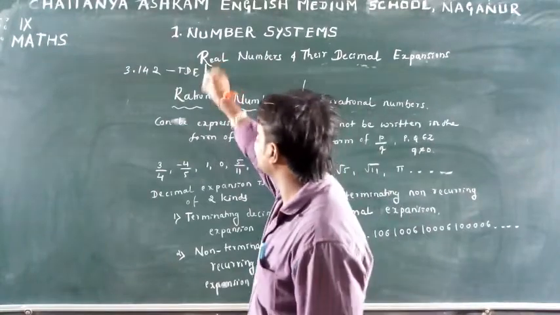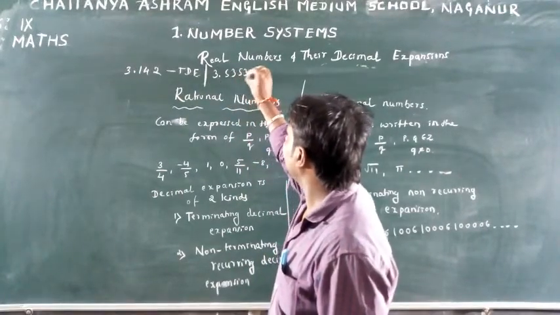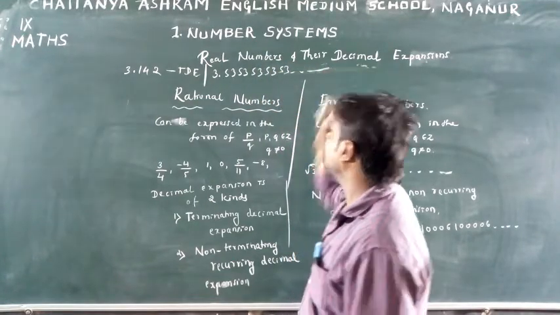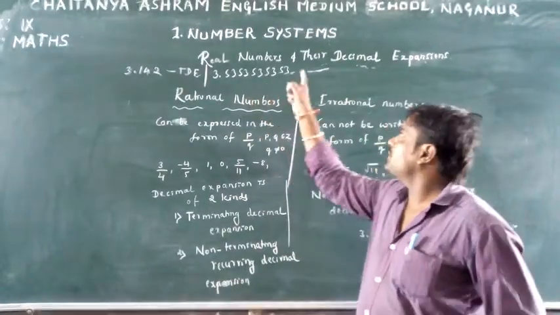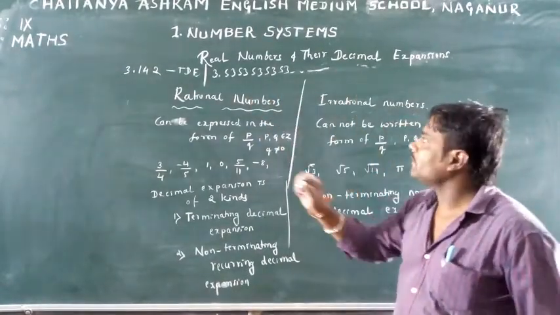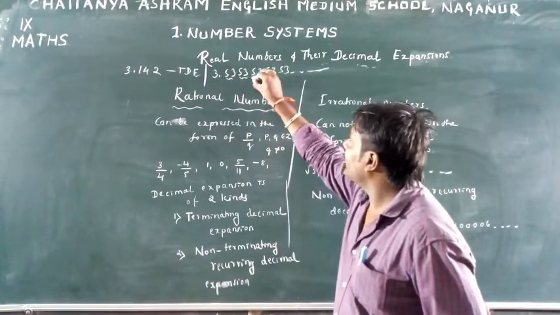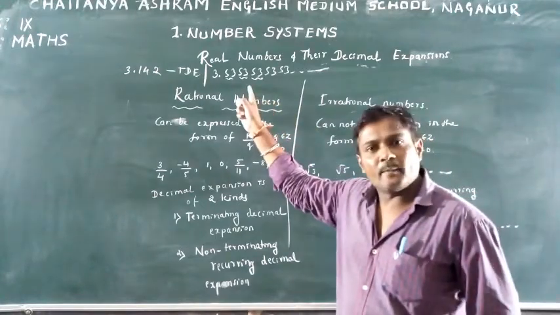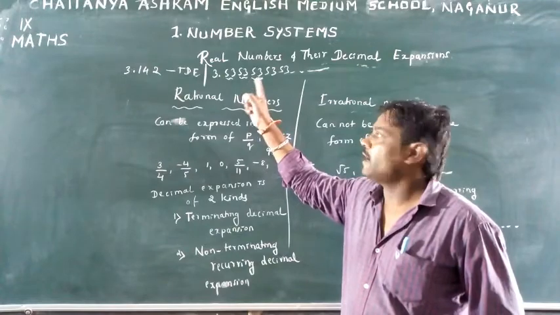Consider the decimal expansion 3.5353535353 and so on. What kind of decimal expansion is it? Observe, the division process is not completed and the digits 535353 start repeating. So this is non-terminating recurring decimal expansion.